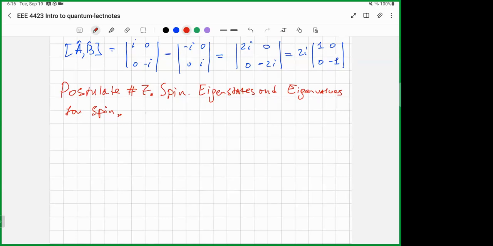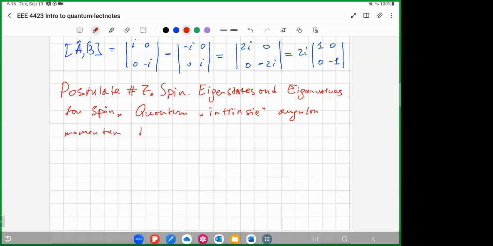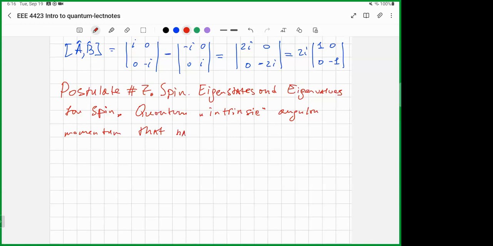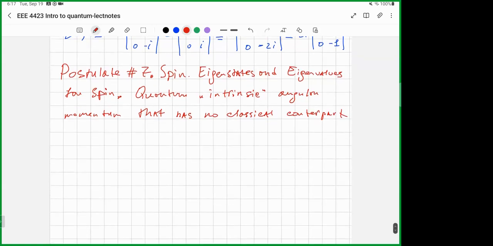Spin is a quantum intrinsic angular momentum that has no classical counterpart.